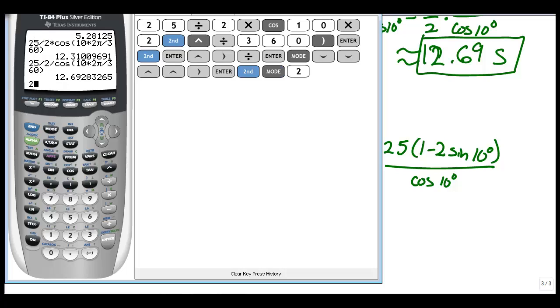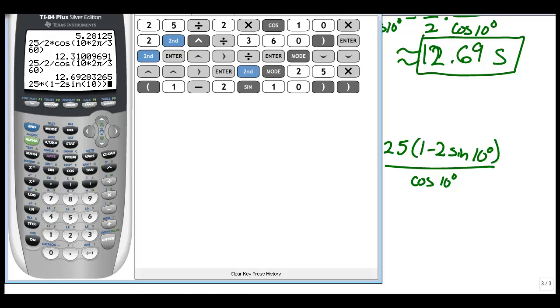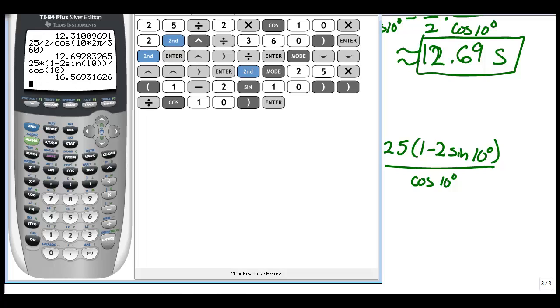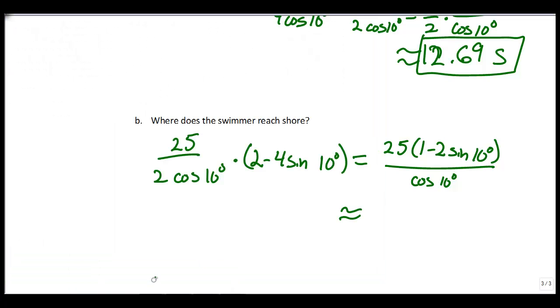I have to do 25 times the quantity, 1 minus 2 sine 10 degrees, close it up, and I divide by cosine of 10 degrees. Close the cosine, enter. So it's something like 16.57 meters if I round that, and that's going to be downstream from where we started.